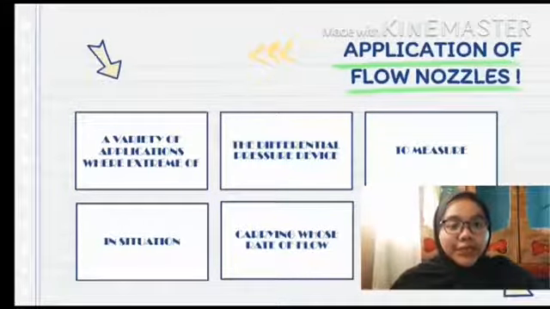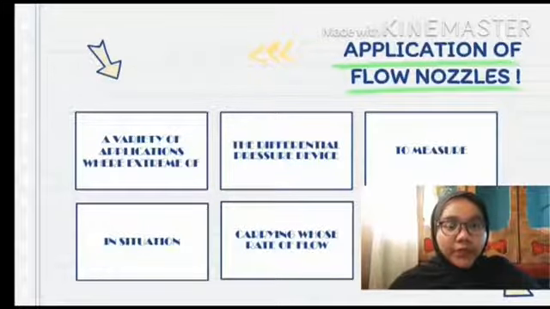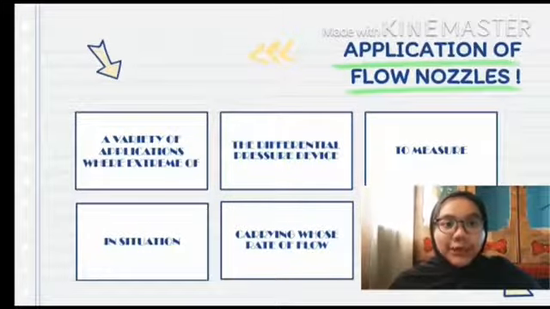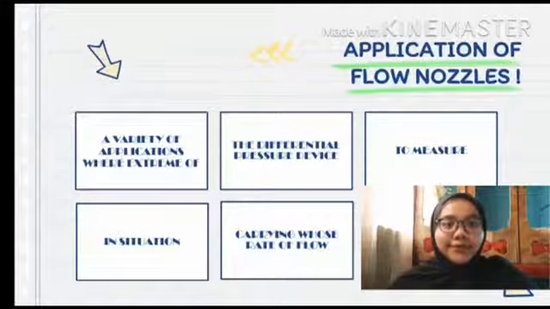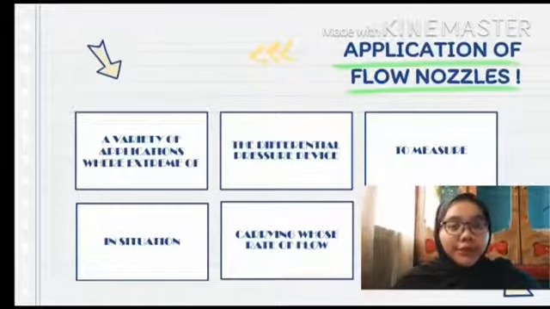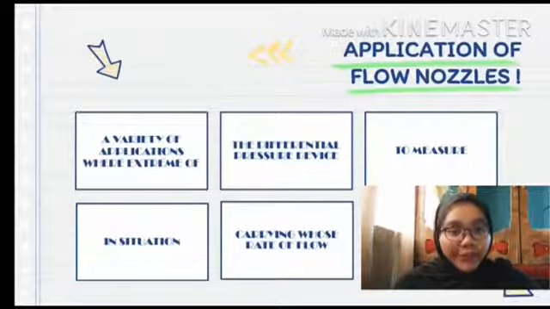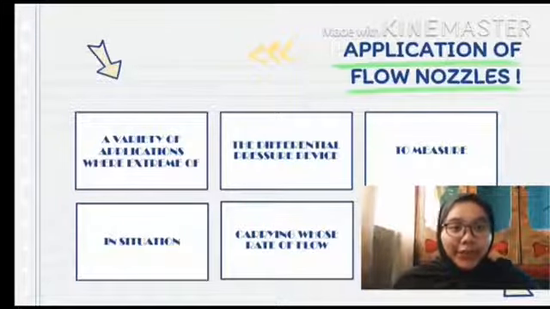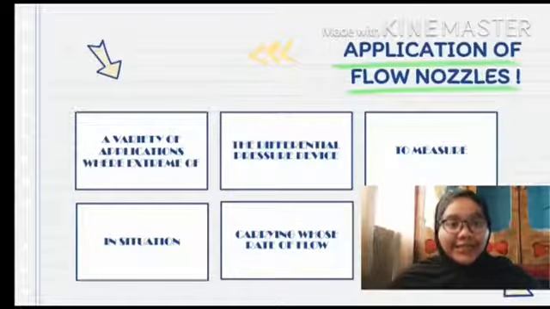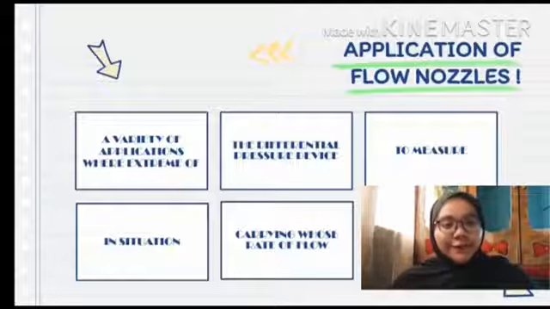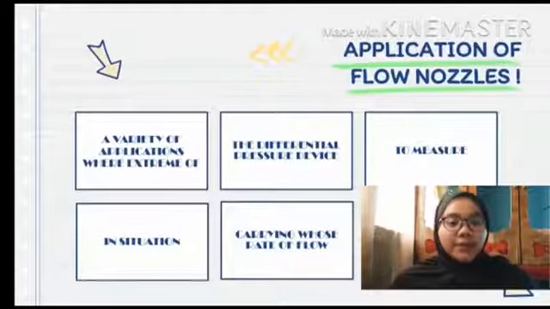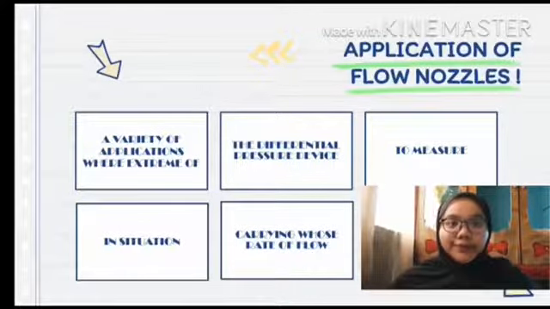It can also be used to measure the flow rate of liquid that discharges to atmosphere. The flow nozzle can also be used in situations where suspended solids have the property of settling. Other than that, in this case, the flow nozzle is placed in a pipe carrying a high rate of flow.